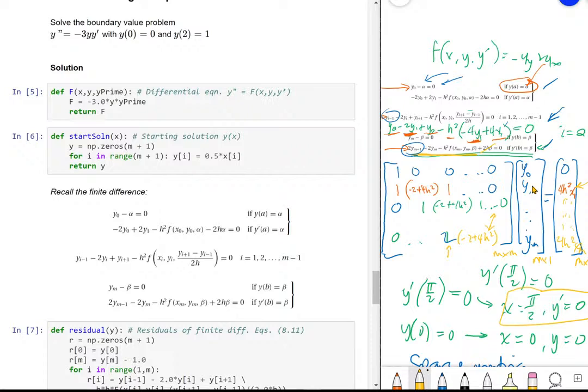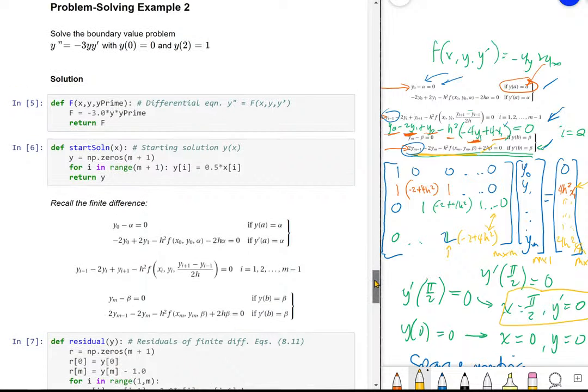In the linear case, it's all first degree variables, but in the nonlinear you have more than first.